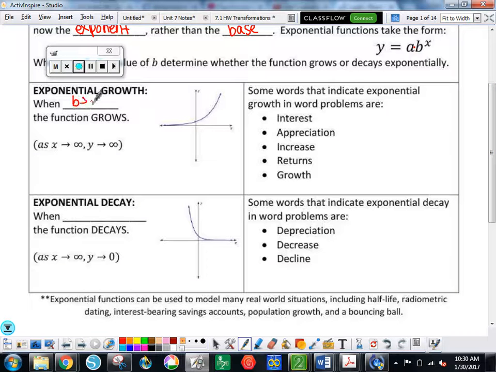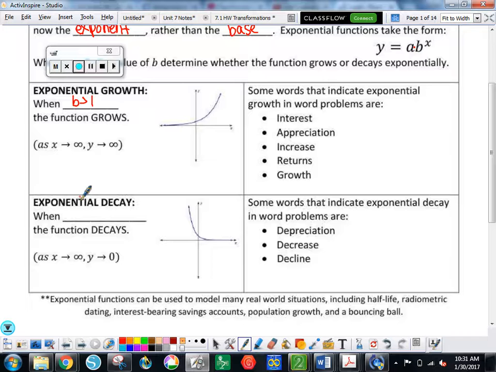When b is greater than 1, the function grows.